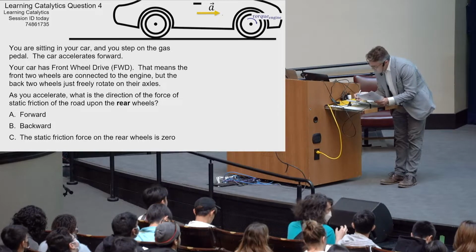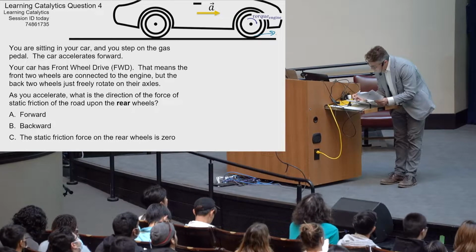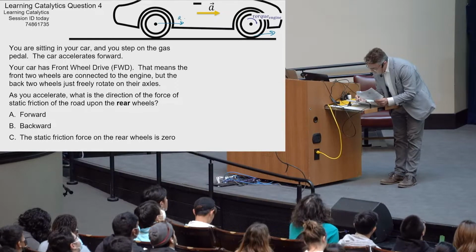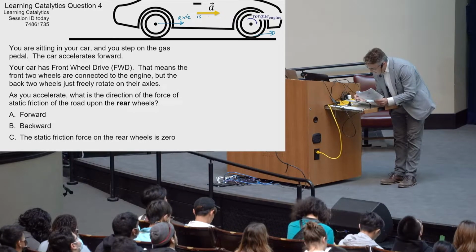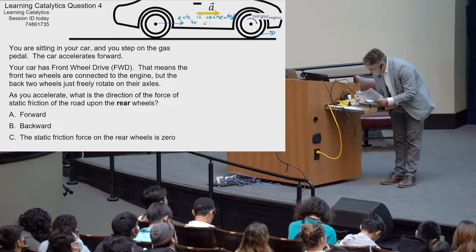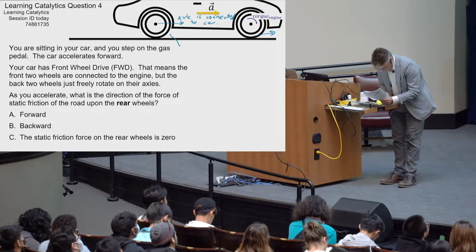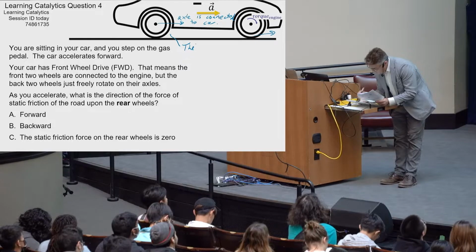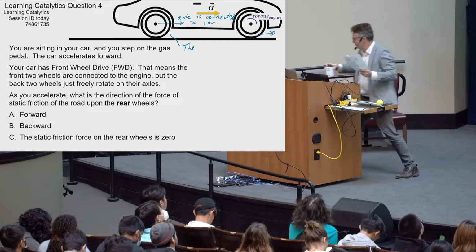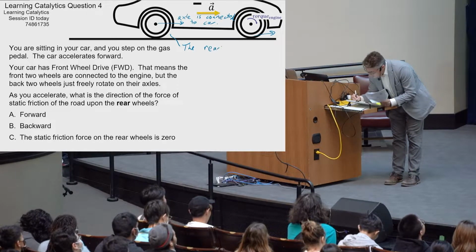Okay, so the car is accelerating due to some forward static friction, big force here. And what that does is it drags the axle. The axle is connected to the car. And what I would say is that the rear wheels do rotate.